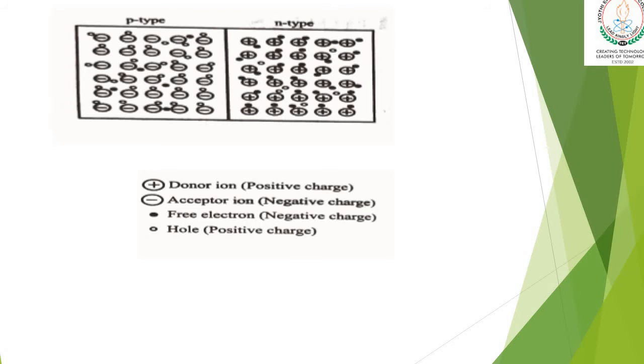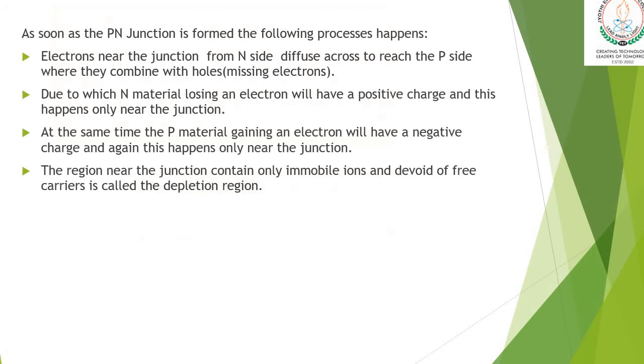At the same time, the P type near the junction will have a negative charge, because it has acquired an electron from the N type. So the N material losing an electron will have a positive charge, and this will happen only near the junction. At the same time, the P material gaining an electron will have a negative charge, and again this happens only near the junction.